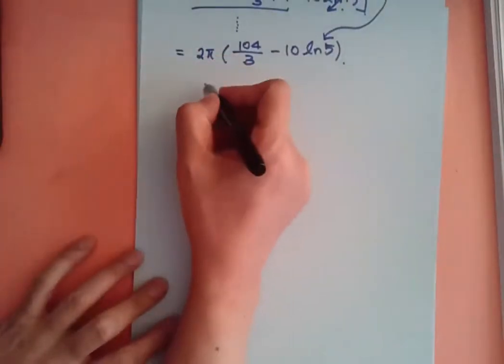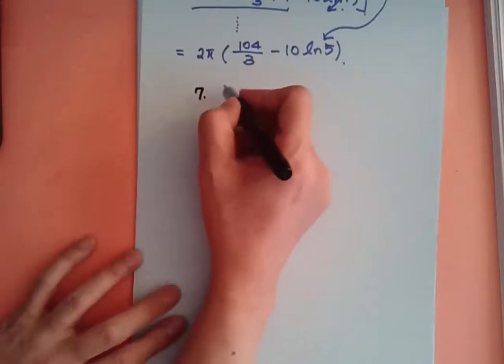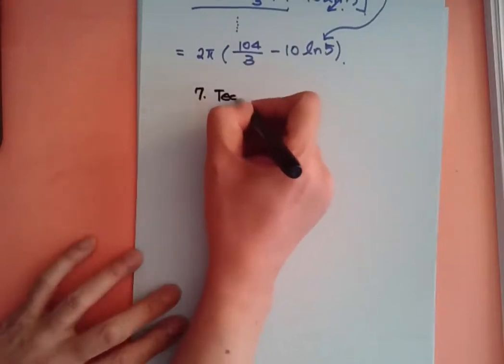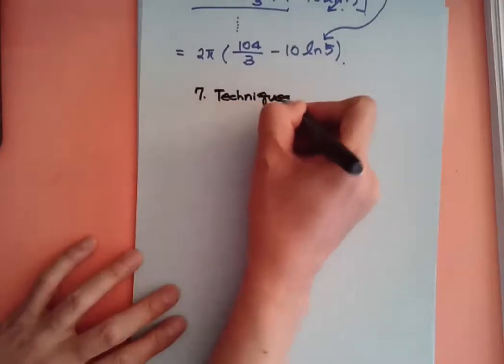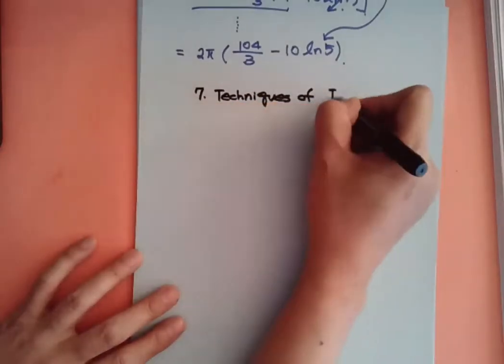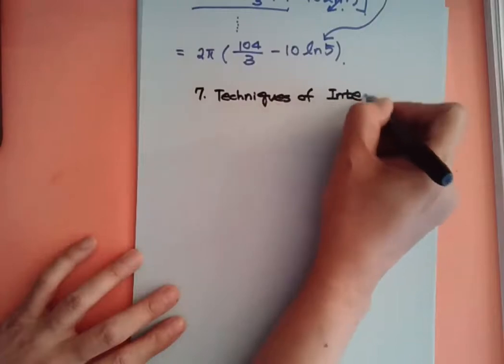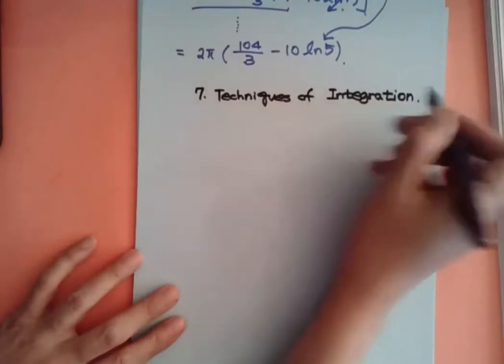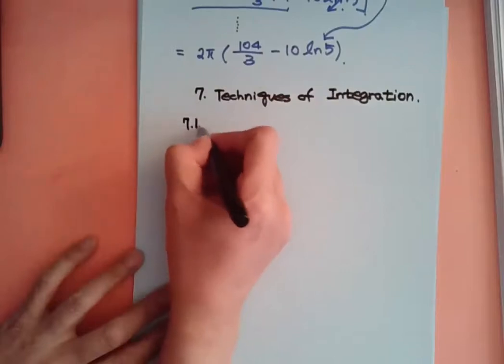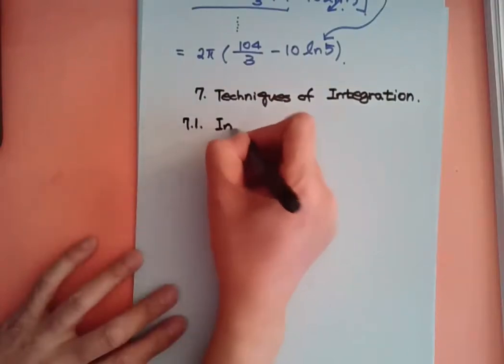Let's move on to chapter 7. Chapter 7 is techniques of integration. Seven point one is integration by parts.